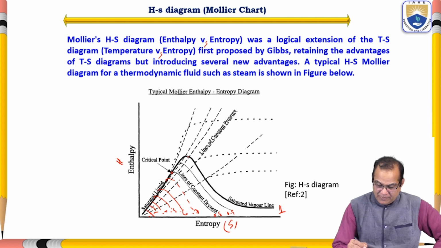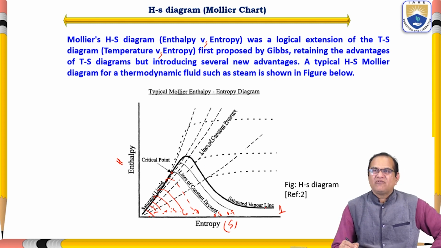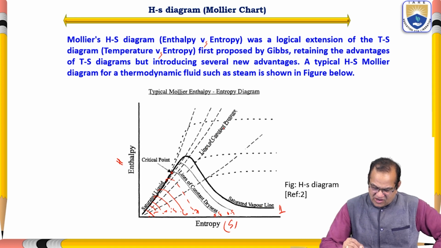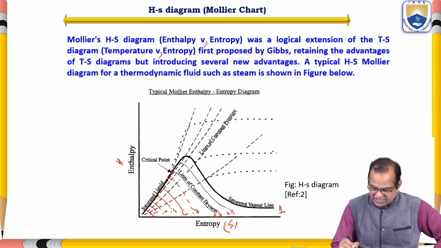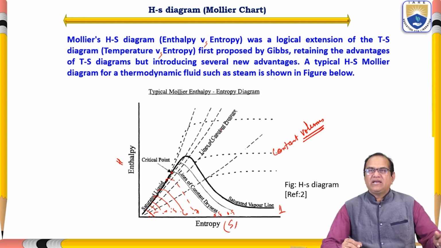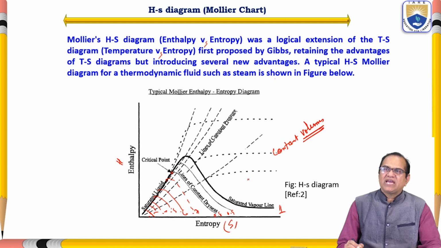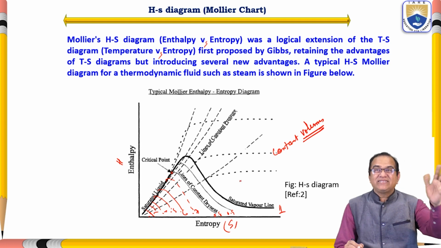These lines, which are parallel to the saturation vapor curve, are the lines of constant pressure, and these are the lines of constant volume. So lines of constant pressure and constant volume we can find out, which was not possible in the TS diagram.